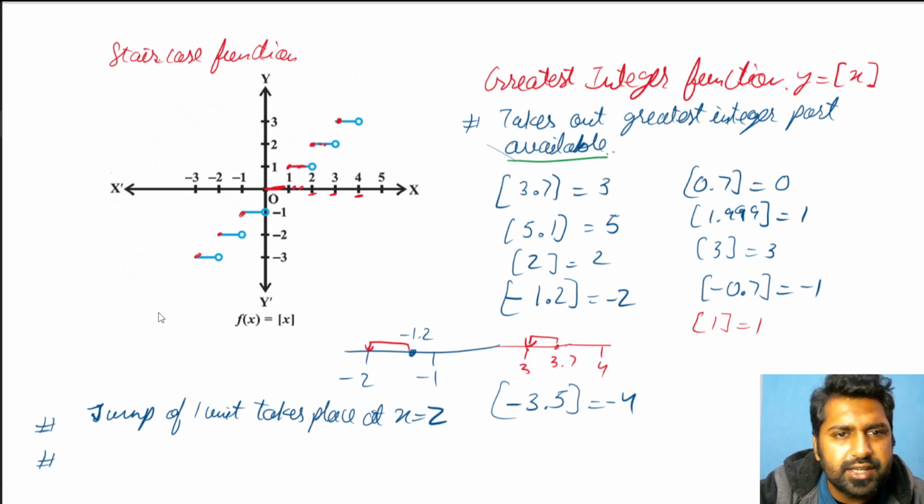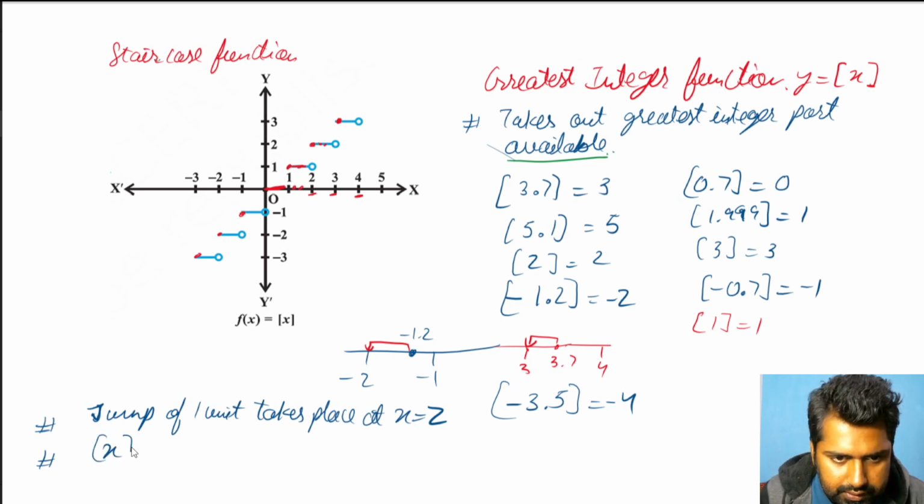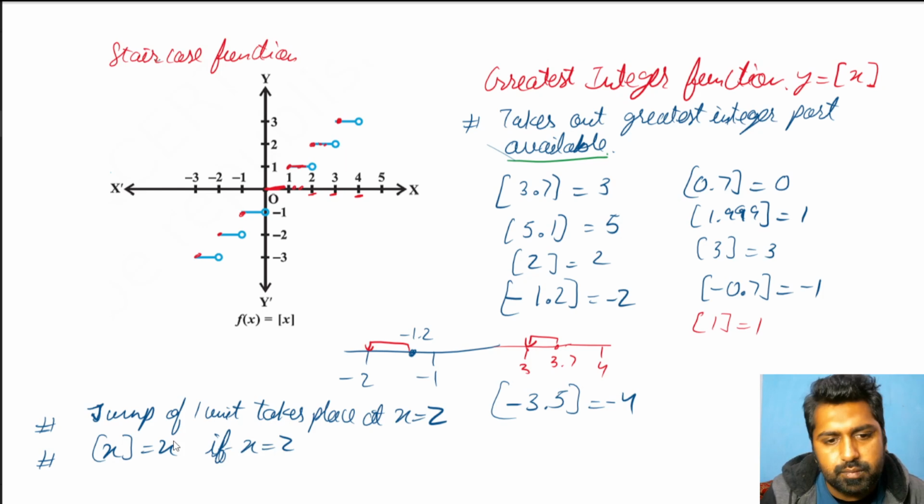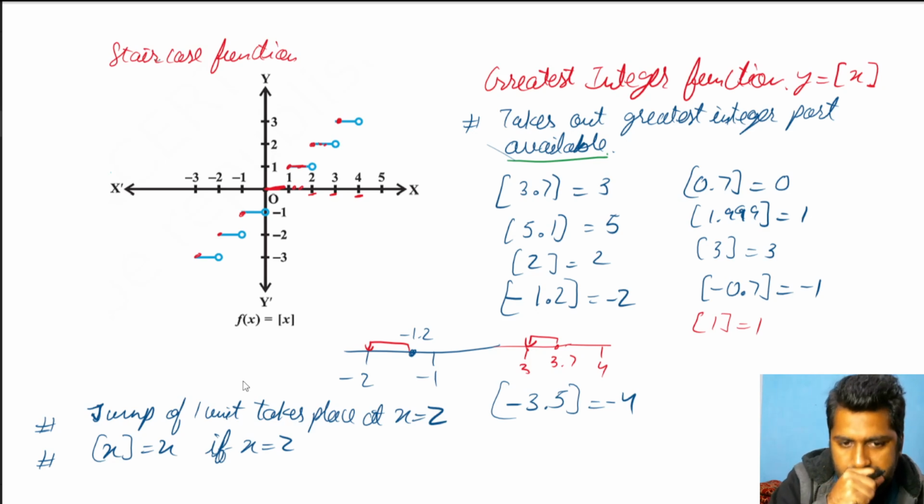It is looking like a staircase. I've already given you that. The greatest integer of x is equal to x if x belongs to Z. Means the value of the greatest integer function is the same as x only if x belongs to the integers itself, never before that.